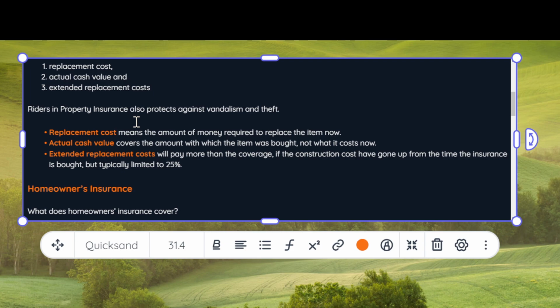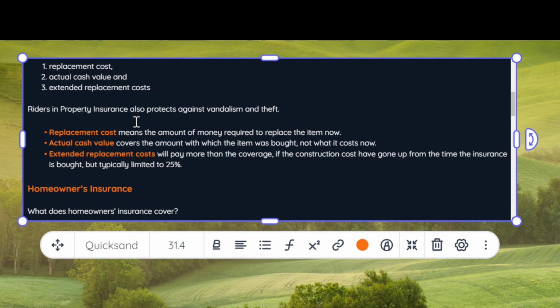Vis-a-vis, if it is an actual cash value. What does that mean? That means that say for example, you bought the 2 ACs 10 years back. And at that point of time, each of the ACs was 30,000, right? So the total cost would have been 60,000. If by claiming this incident you get 60,000 from the insurance company, that means you are getting the price of the ACs at its actual cash value and not at its present value.